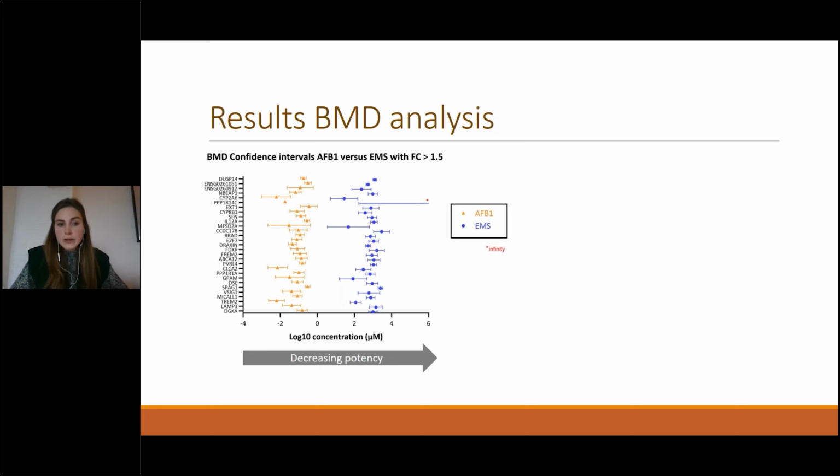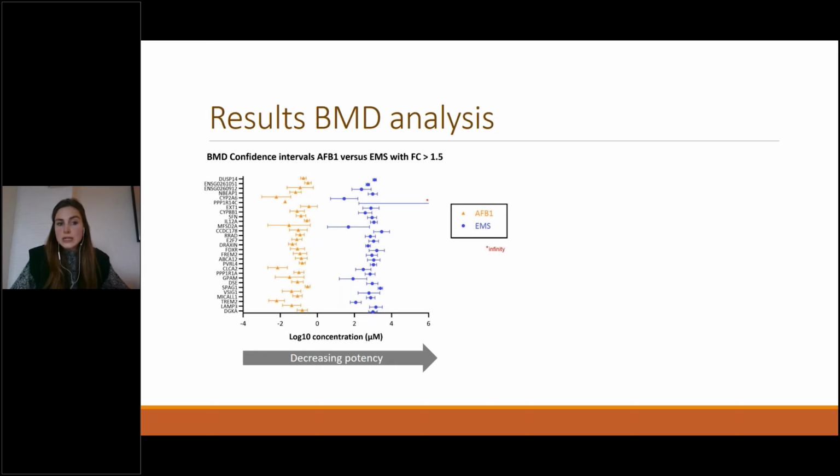So here it's important to know that since the confidence intervals are giving an idea about the quality of the dose response data and also the uncertainty around the estimated benchmark dose, we can only compare the potencies when all the confidence intervals are clearly separated between the chemicals.